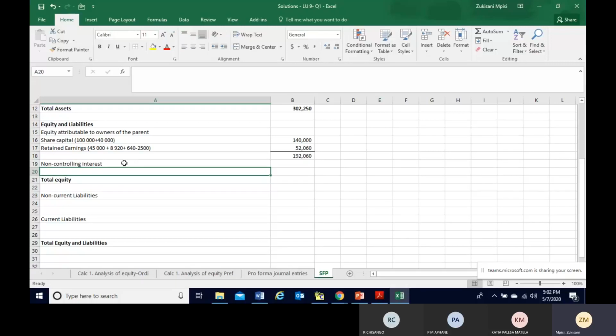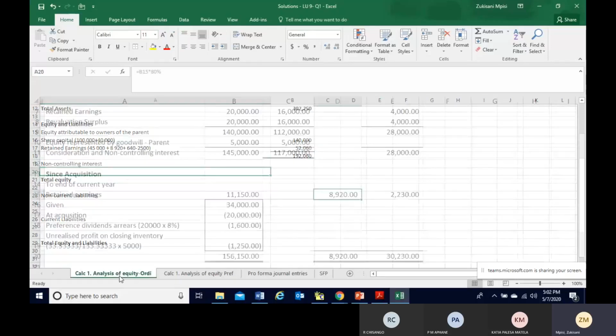So for the non-controlling interest, we now have to go look.